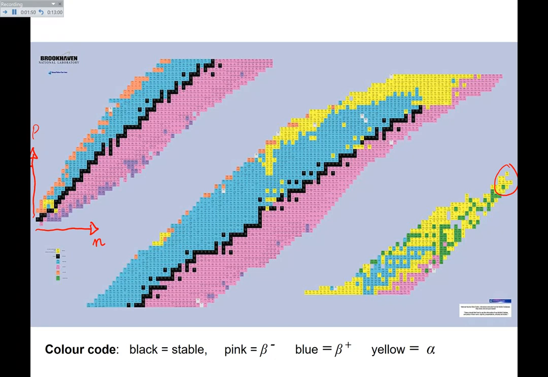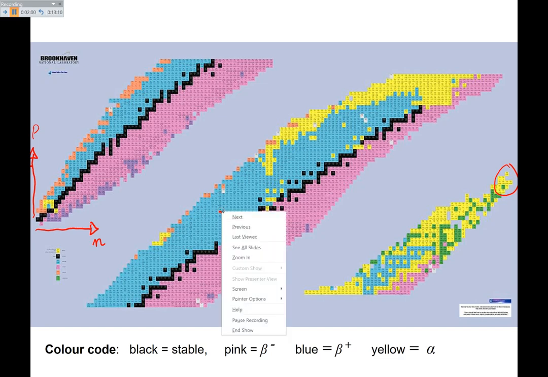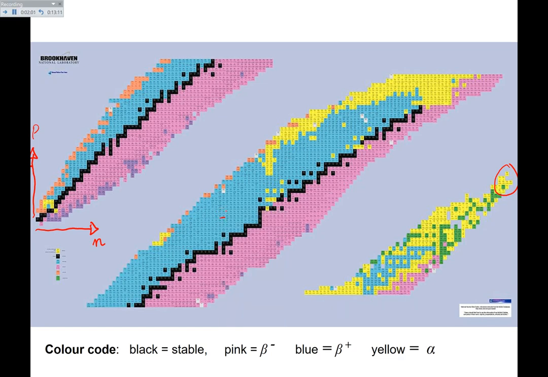The blue or turquoise squares are what's known as beta plus emission. And beta plus is a positron. This time they'll go from a box to one diagonally in a southeasterly direction.